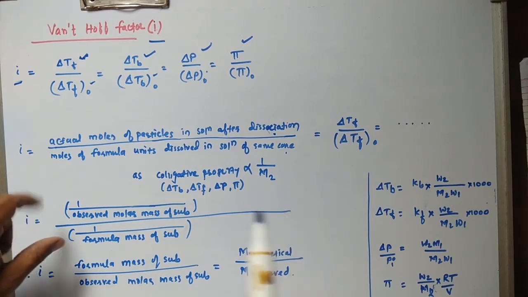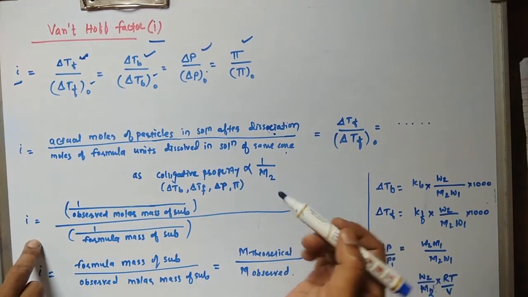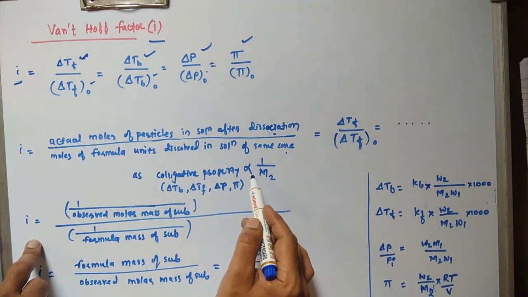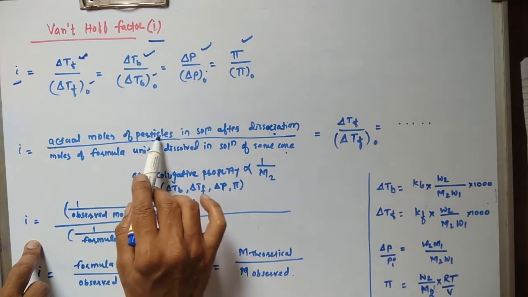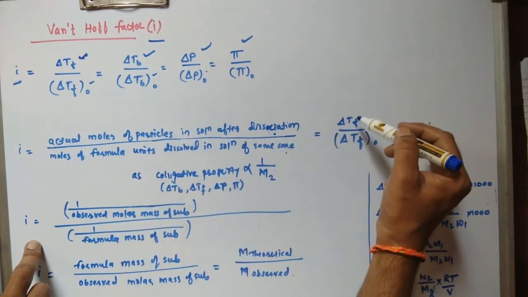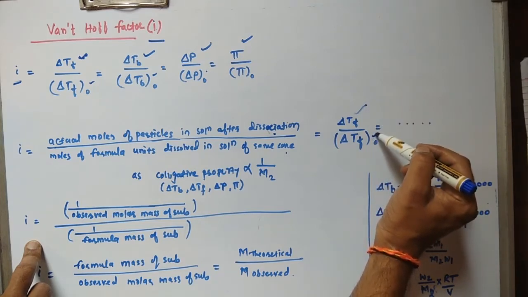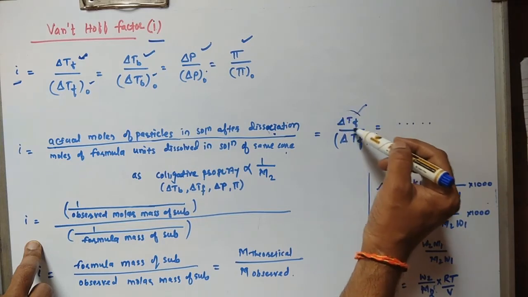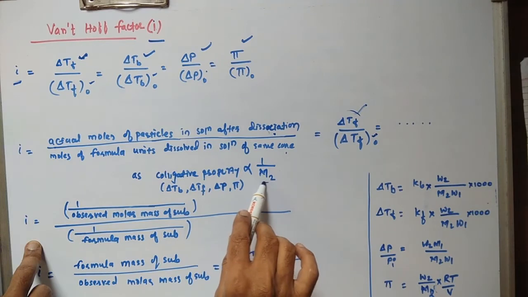As we know, the colligative property depends upon the number of particles. This is the colligative property of the electrolyte solution, and this is for the non-electrolyte solution. But the colligative property, whether in the numerator or denominator, is inversely proportional to the molecular mass M2.